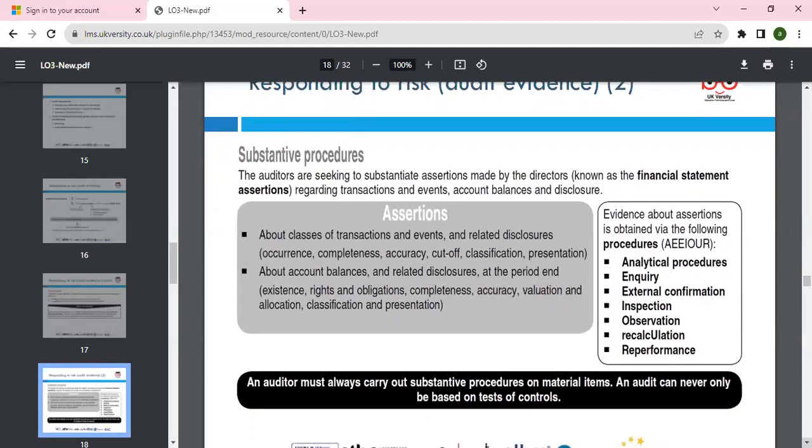So auditors must always carry out substantive procedures on material items, and the auditor should never rely only on the test of control. With substantive procedures, auditors can go back and check that those are occurrences, complete, accurate, have a cutoff, and that classification and presentation are right.